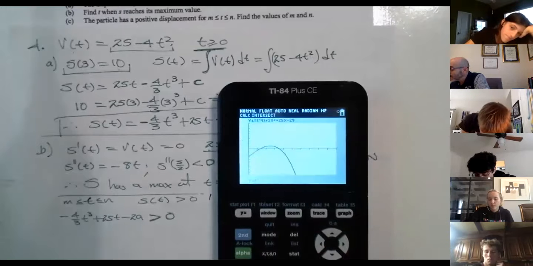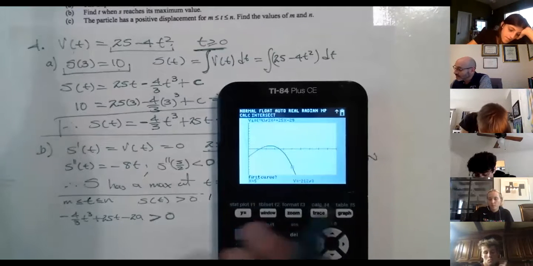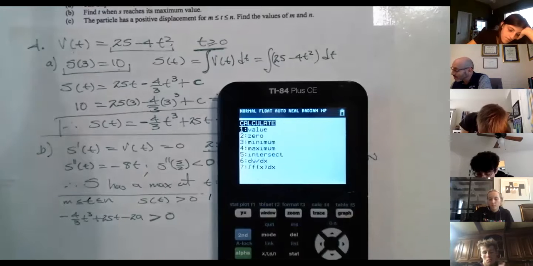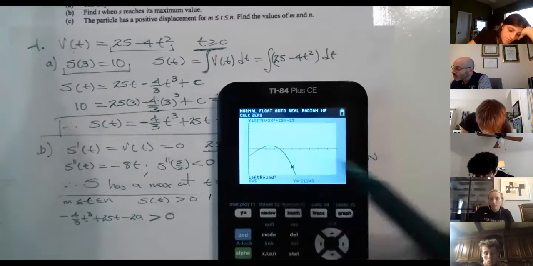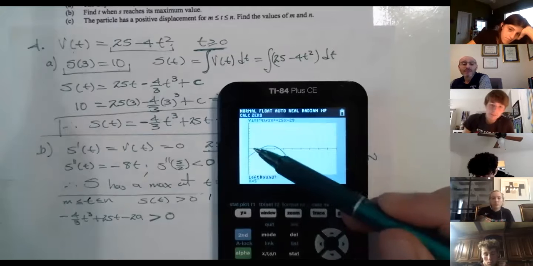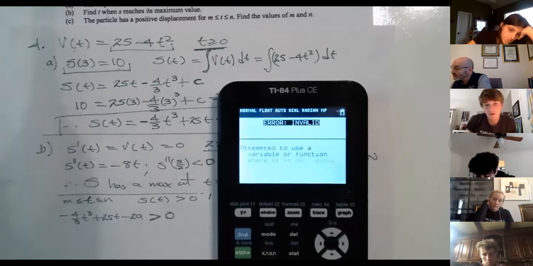Oh, it's not intersect. I'm sorry, it's 0 that I'm looking for. Second, calculate 0. Number 2. One of the zeros is between 0 and 20. Remember that my scale was by tens. So it's between 0 and 20.